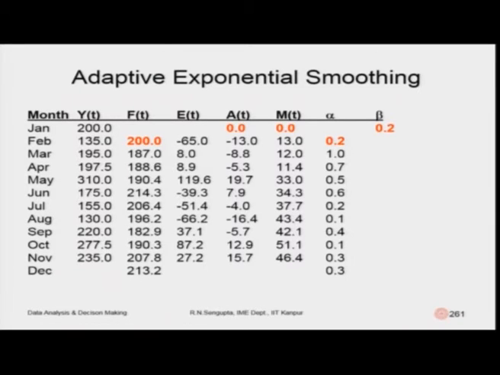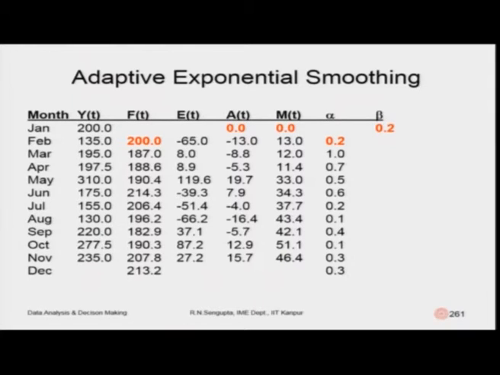We consider the months along the first column, the actual values of y t along the second column, and then I have a third column where I need to find out the predicted or the forecasted value, and the corresponding fourth, fifth, sixth columns.